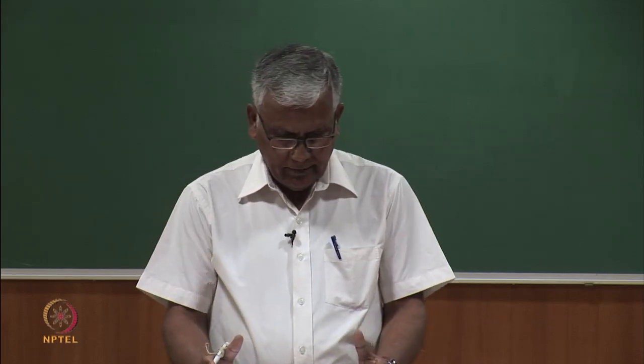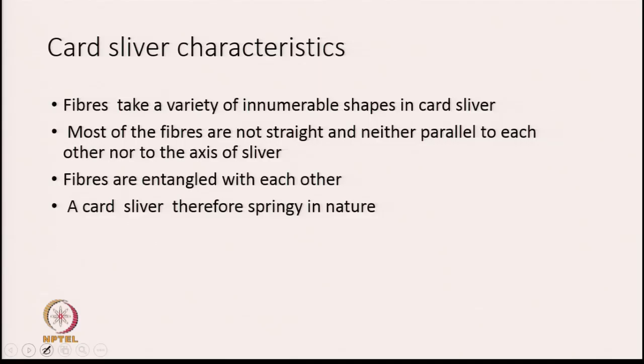If we look at the characteristics of a card sliver's fibers, we can write that the fibers take a variety of innumerable shapes. The shapes are so many that it is sometimes difficult to categorize them into only 5 categories. There could be many more categories, but broadly people have tried to classify them into 5 categories.